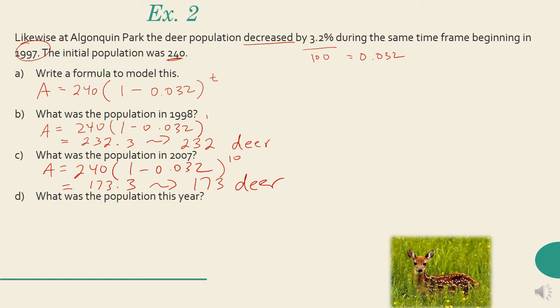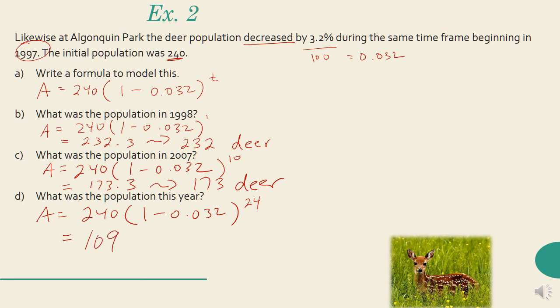So A equals 240, again 1 minus 0.032. And if it starts in 1997 and it's right now 2021, that's 24 years. So 24. And using our calculator, to enter just like you see it, 240 bracket, 1 minus 0.032, close bracket, exponent button, 24, I get 109.